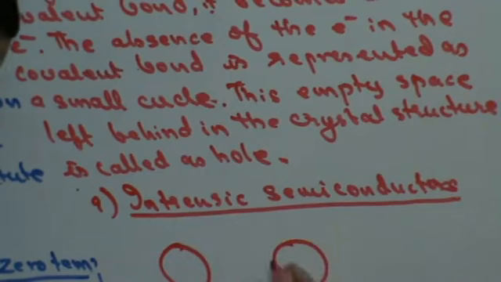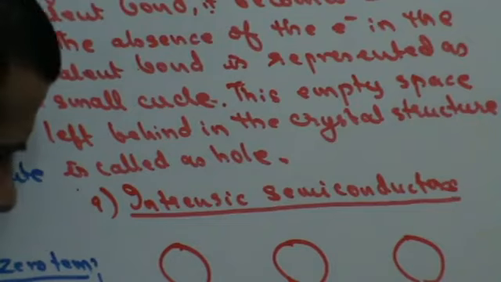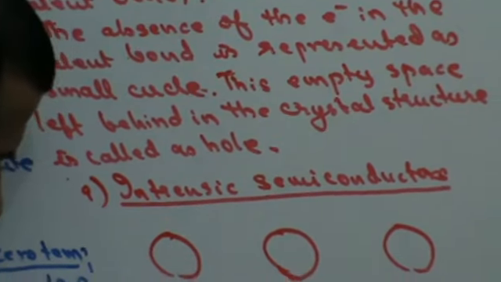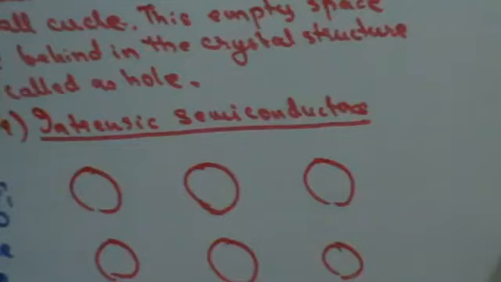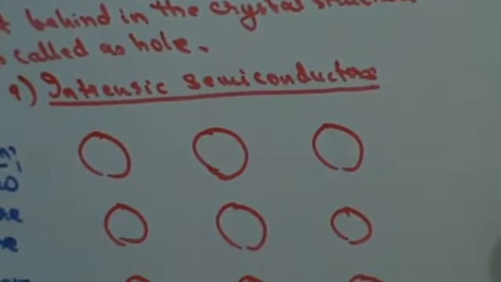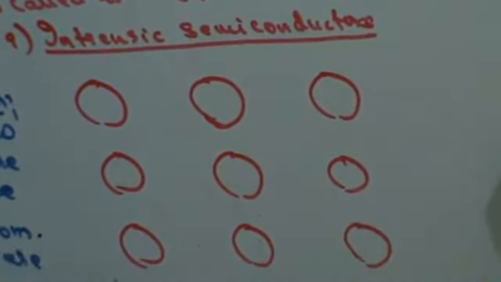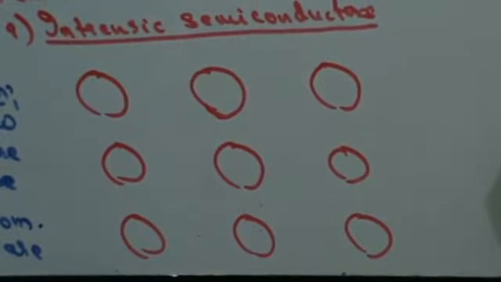Let's see a crystal lattice of germanium. Let's consider this is a germanium atom. A germanium atom has 4 electrons.